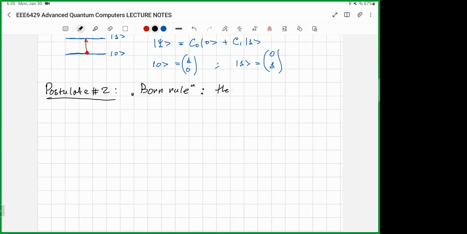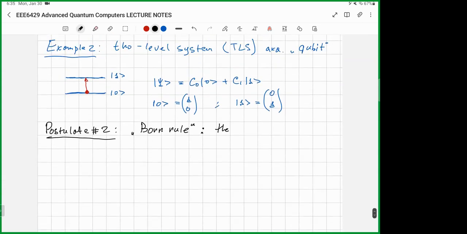So the coefficients C in this superposition series correspond to the probability of finding the quantum system in a particular state.